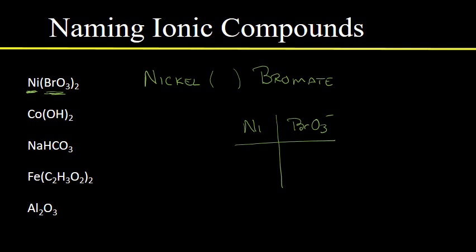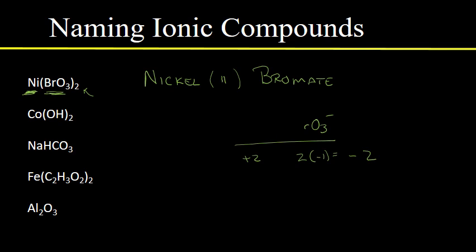And bromate has a charge of -1, so that means that the total negative charge is 2, because there are 2 of them here. 2 times -1, which is -2. That means the total positive charge here has to be +2, right? And if we've only got one nickel and the charge is +2, then the charge on that nickel ion has to be +2, right? So this would be nickel 2 bromate.